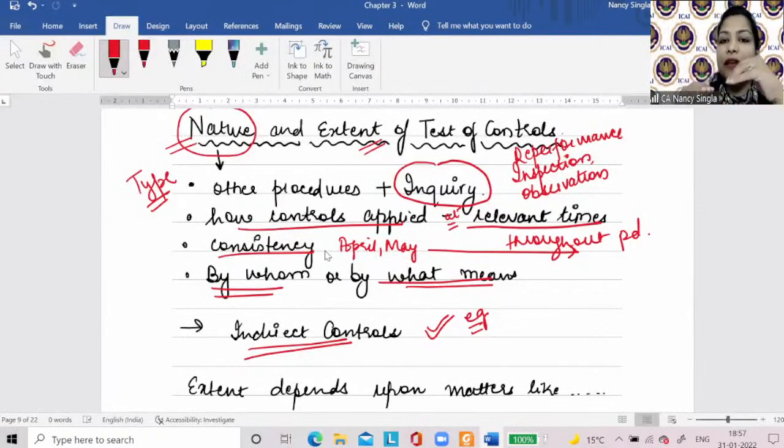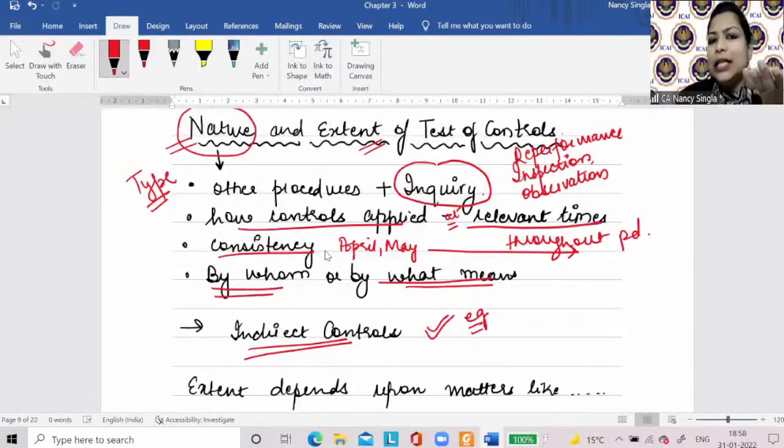Let's say the limits have been fixed that with respect to this debtor, 1 lakh is the limit, with respect to this debtor, 5 lakh is the limit. So whenever the credit sales exceed the authorized limit, the exception reports automatically get generated. Now, what is the financial control with respect to this?